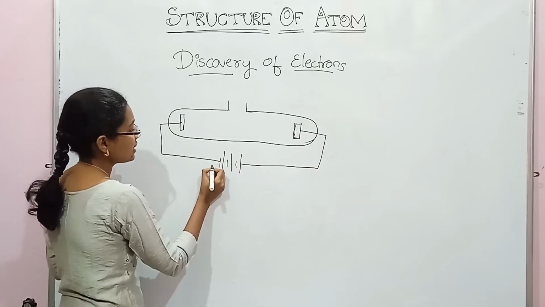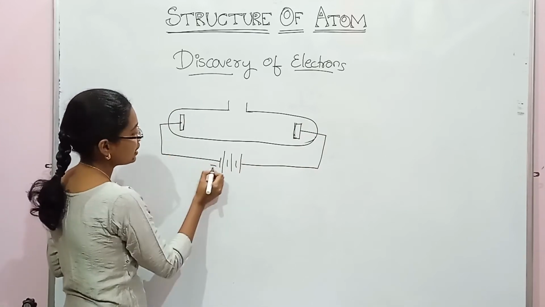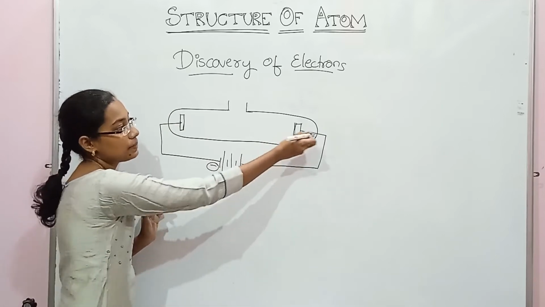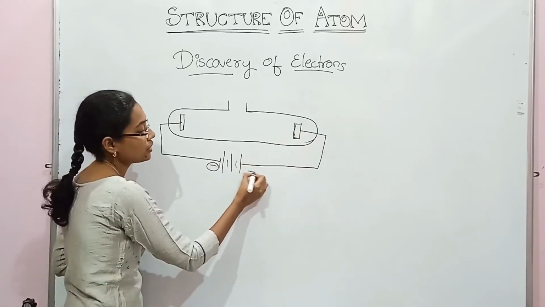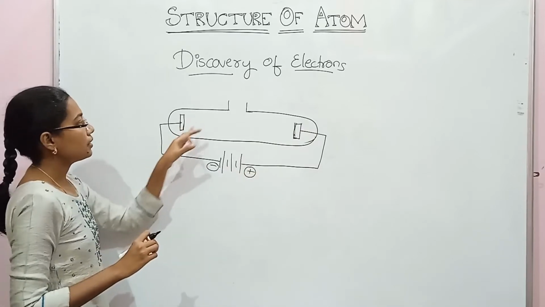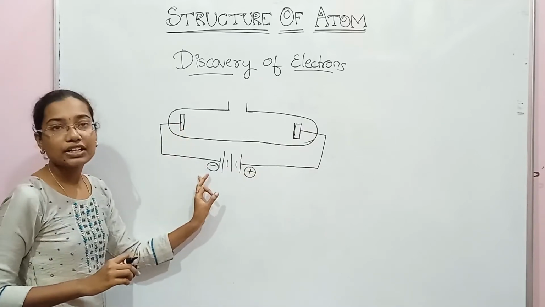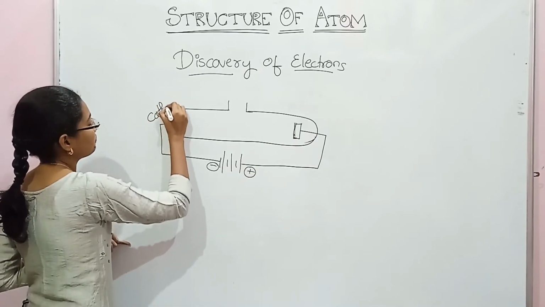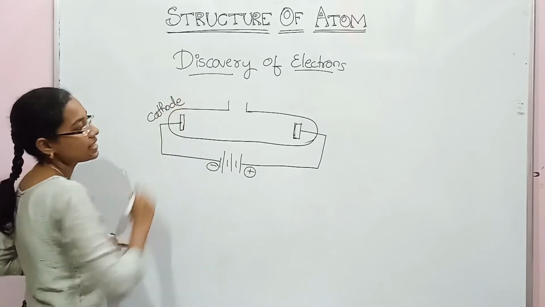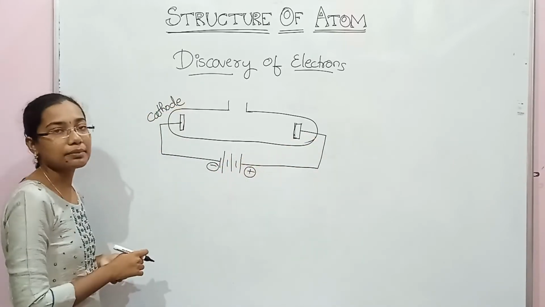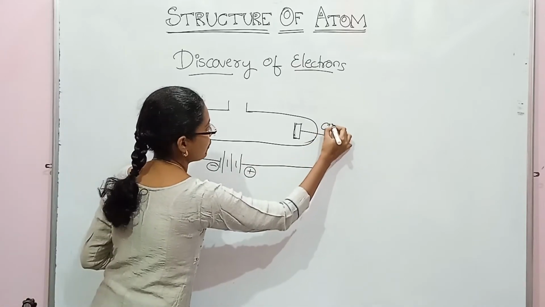The metal plate attached to the negative terminal is called the cathode, and the plate attached to the positive terminal is called the anode.